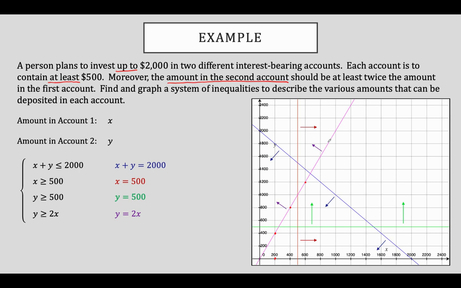So where do all of these shadings intersect? Well, we go down from the blue, above the green, left from the purple, right from the red. That gives us this little triangle in here for our solution set. Okay, that shaded region gives us the various amounts that can be deposited in each account.